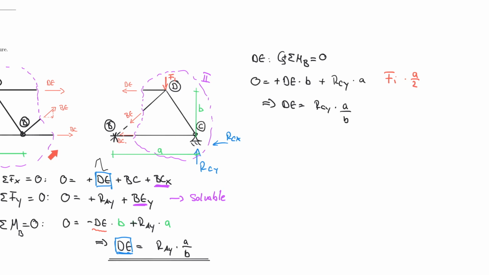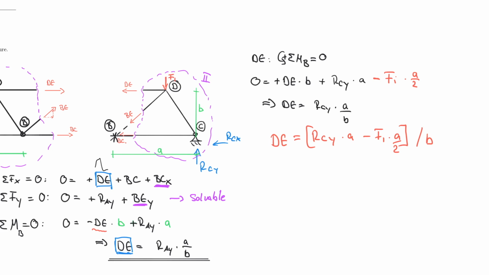And it's turning clockwise, so therefore it's a negative part. And so I also need to include that in my equation. If I substitute that, we would have RCY times A minus F1 times A over 2, and all of that divided by B. So that's how dE would look if we had the force in there.